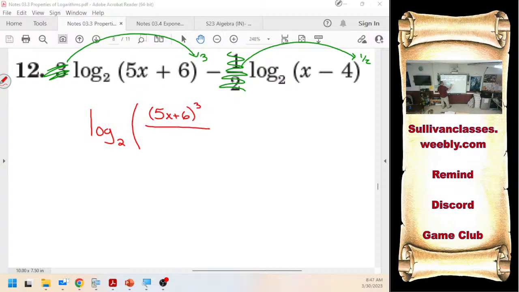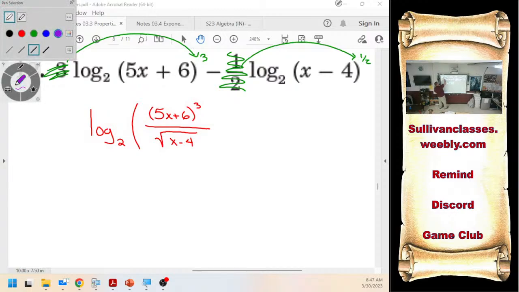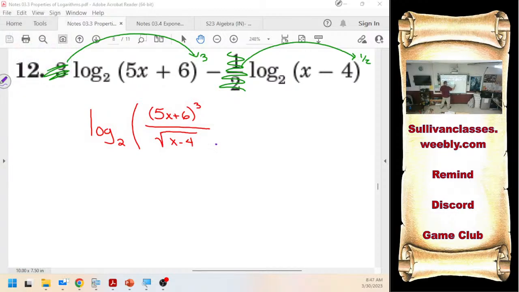But when I do, I'm going to write it as a radical because anything to the 1/2 power is a square root. And ruh-roh, Raggy, no radicals downstairs. So if it's a square root, that means I need 2 of these things to get out of radical town. So I'll just multiply by the exact same thing.